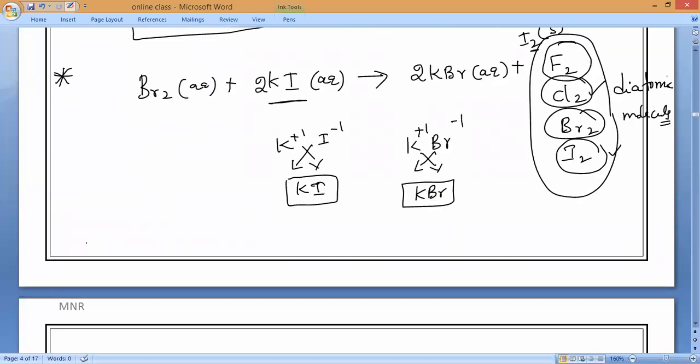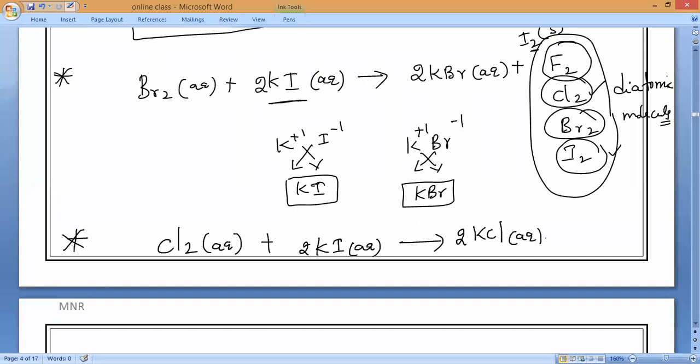Same way, last reaction you tell me. Chlorine gas is reacting with potassium iodide. Again, what will come, guys? The products: 2KCl in aqueous state plus iodine, which will come in solid state.